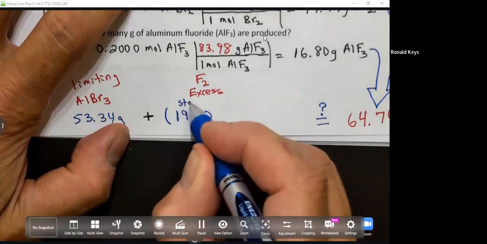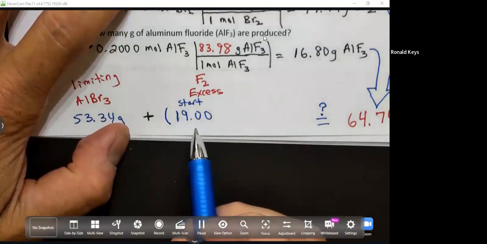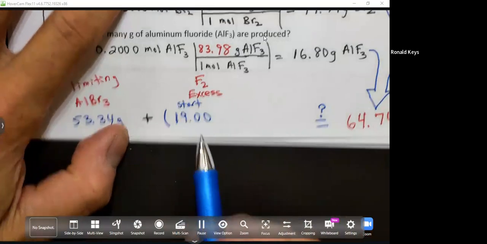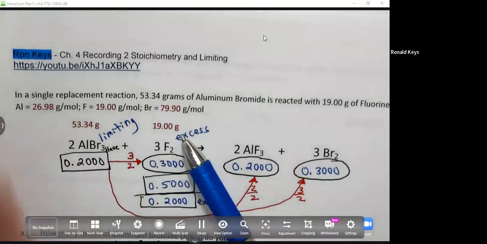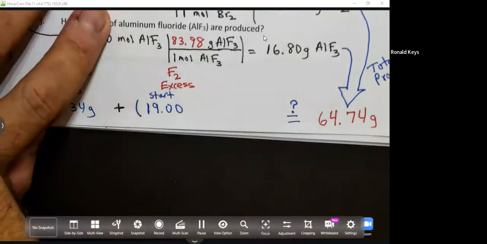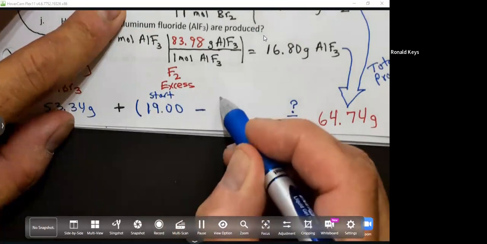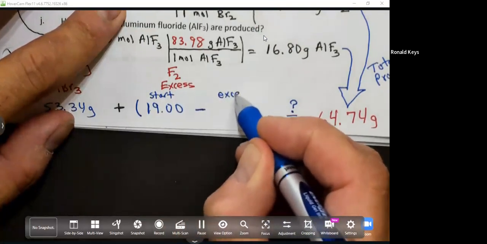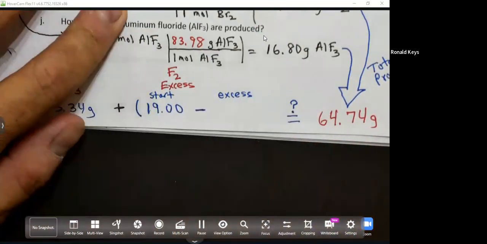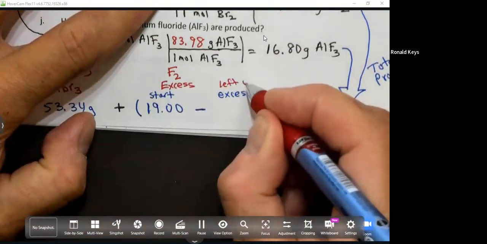Started with 19.00 grams. Right? 19 grams. Let's subtract how much did we have excess that we calculated? Left over.